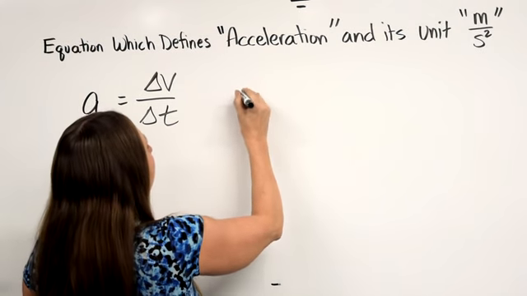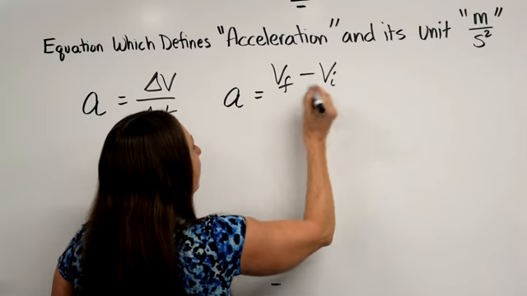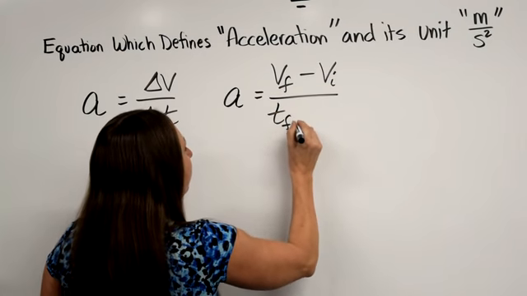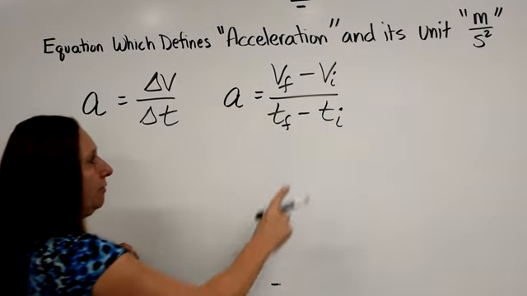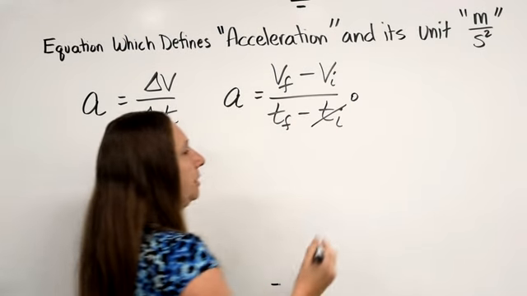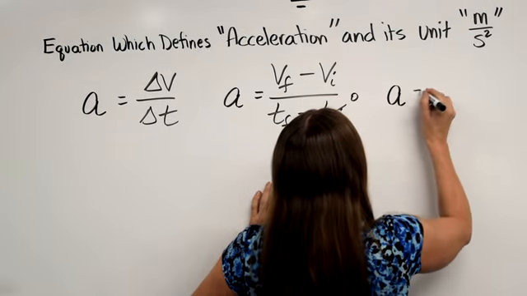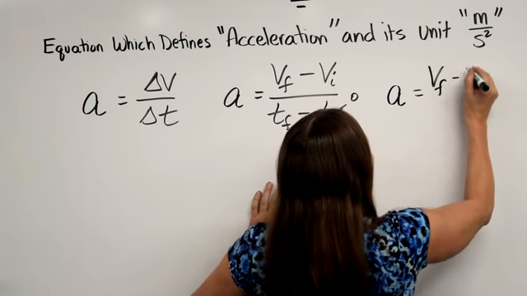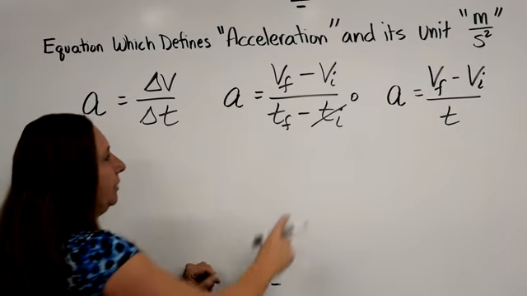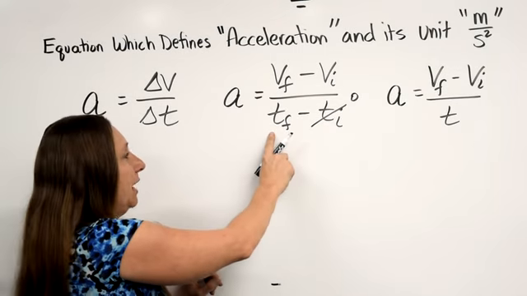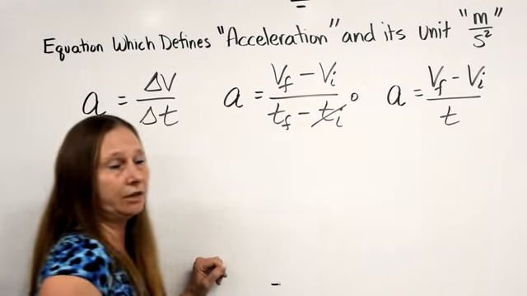What this means, acceleration is going to be a final velocity minus an initial velocity over a final time minus an initial time. Most often, the initial time is going to be 0. So the equation is going to boil down to V final minus V initial over time. If the initial time is 0 and the final time is 5 seconds, that means it took 5 seconds. You're going to put your 5 seconds right down here.